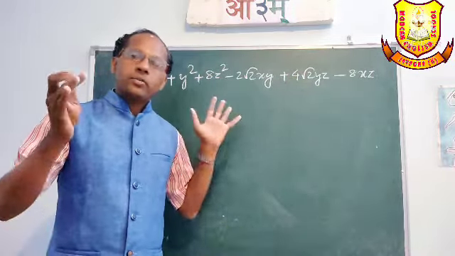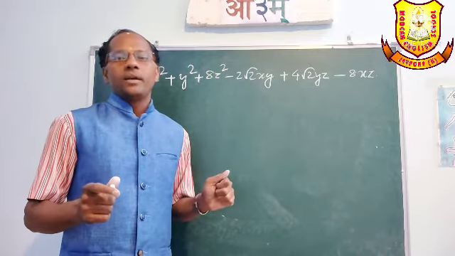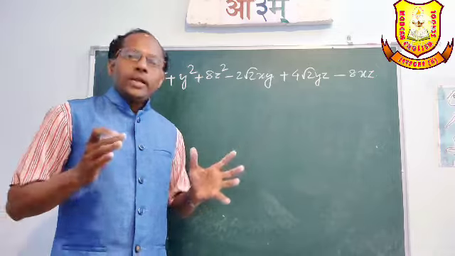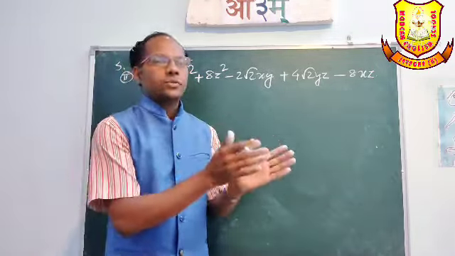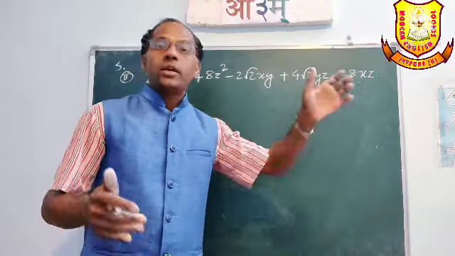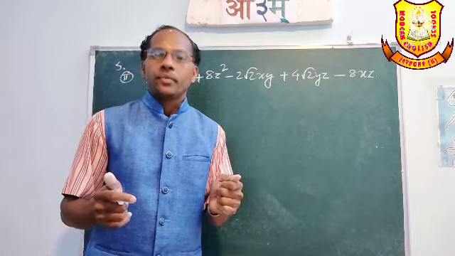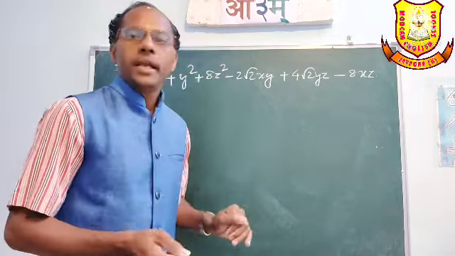So according to that we have to find what is a, what is b, what is c. When you know this one is a, this one is b, this one is c, then we can apply the formula and factorize. First we will find a, b, c.